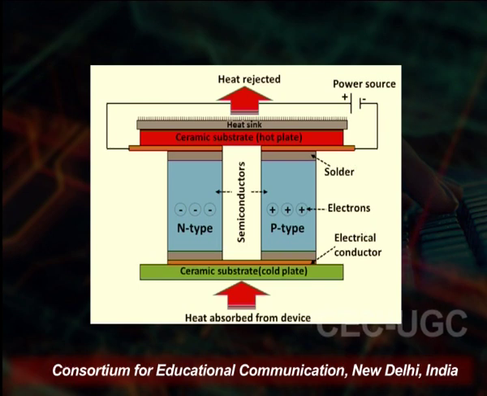You are seeing on the screen the method where we use this, and we can have various cooling methods here. We see the thermal plate we can use for thermoelectric cooling.